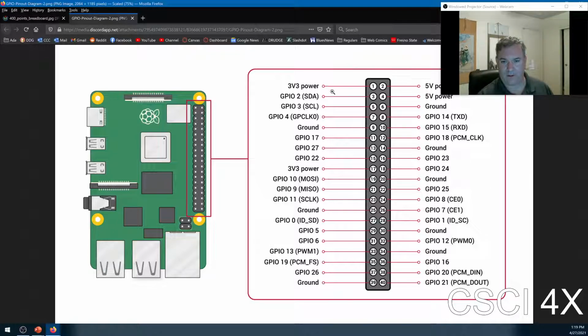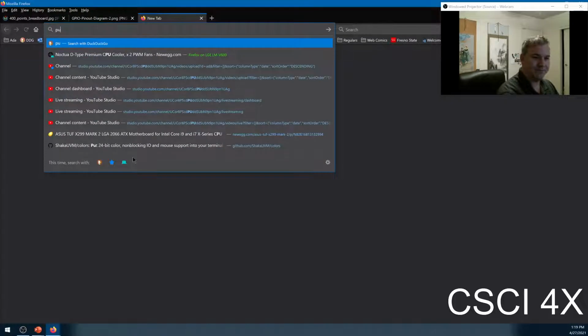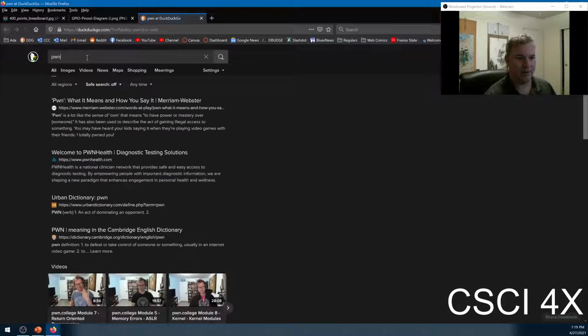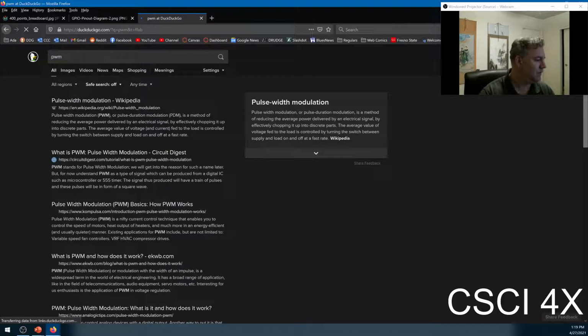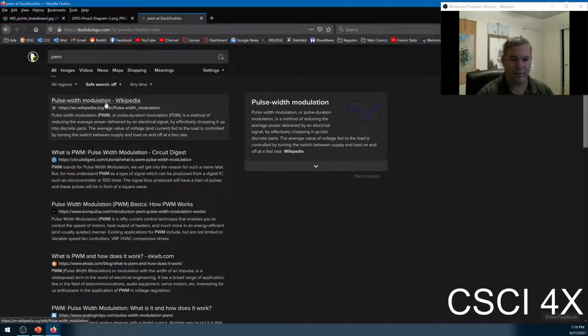So how do you make the LEDs glow brighter and dimmer? There's something called PWM, and PWM stands for pulse width modulation.